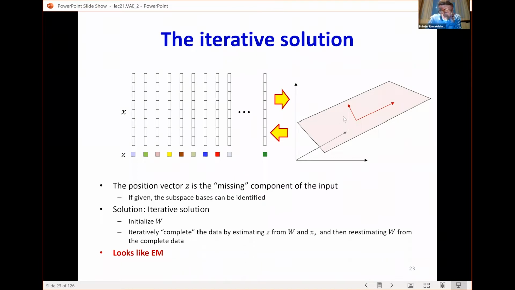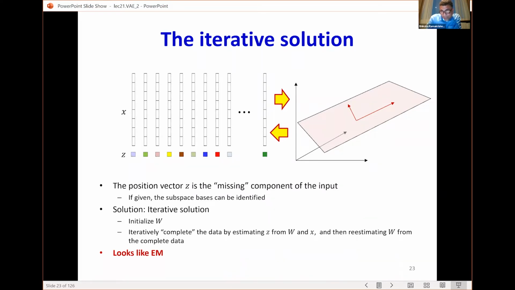And so we iteratively completed the data by estimating the coordinates of the shadow of the data vector on the subspace. And then using these coordinates, we re-estimated the subspace and flipped back and forth. And what does this look like when you try to complete the data by estimating some missing information and then re-estimate something? What does that look like?